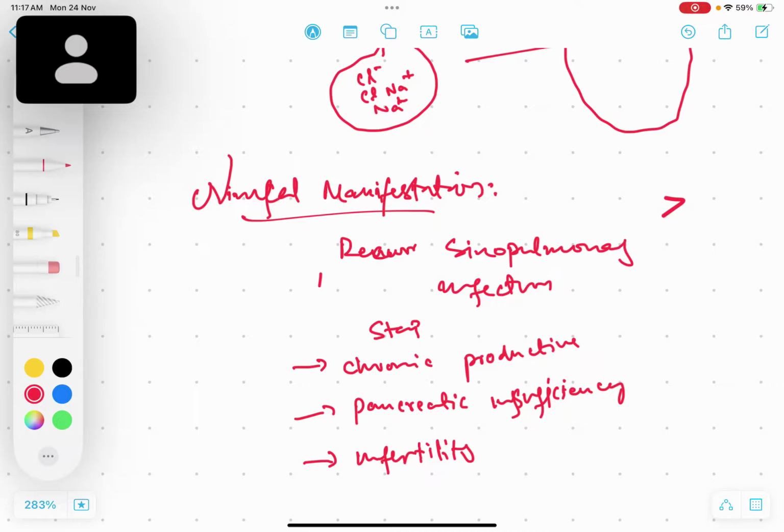Yeah, they'll need pancreatic enzyme supplementation, these different enzymes, for example, pancreatic lipase, all these things, right? Since there's insufficiency of the pancreatic enzymes, right? They will present with steatorrhea, because there is malabsorption of different nutrients. Okay.